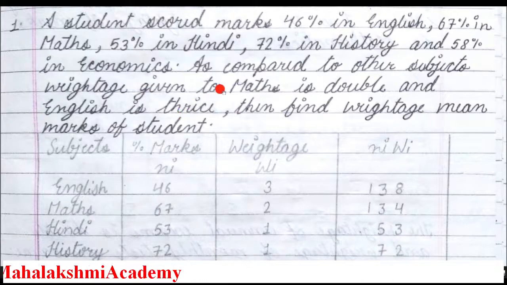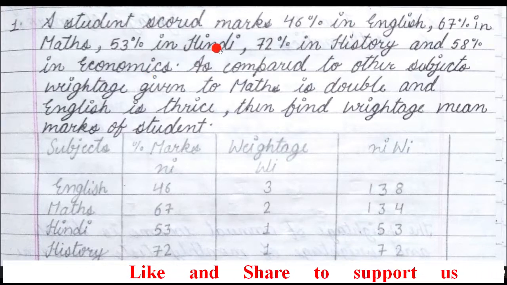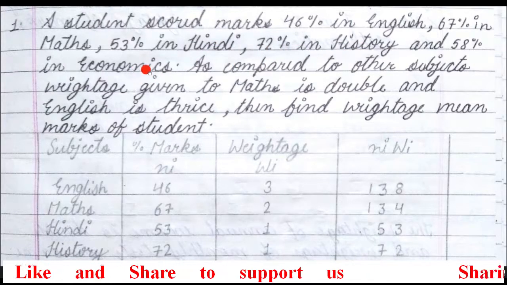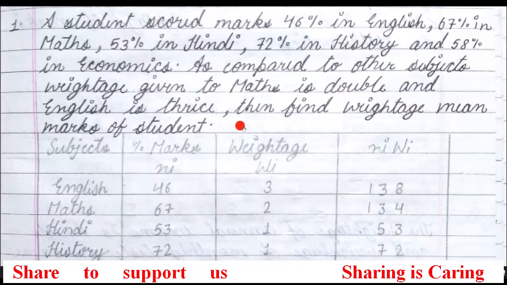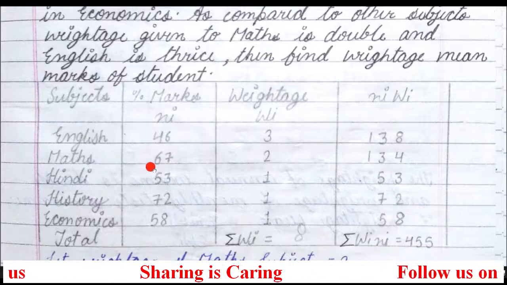So in this we will first see how many subjects we have. Here we have English, maths, Hindi, history and economics. Hindi, history and economics are not described anything. So you just see the table, how we gave the weightage.